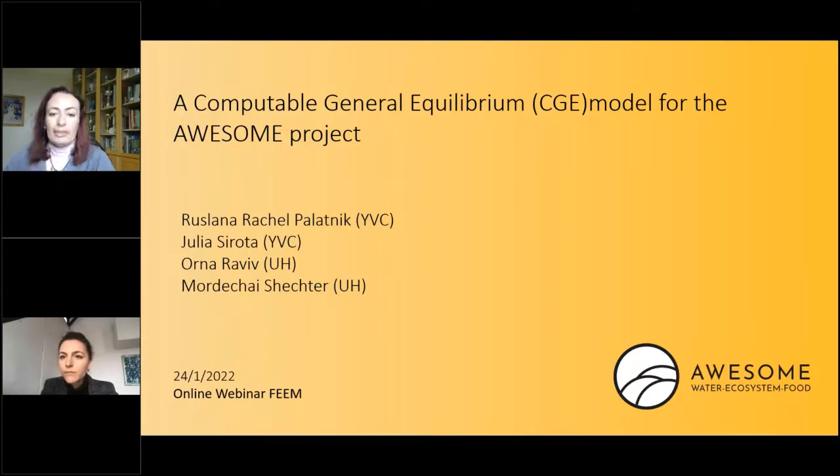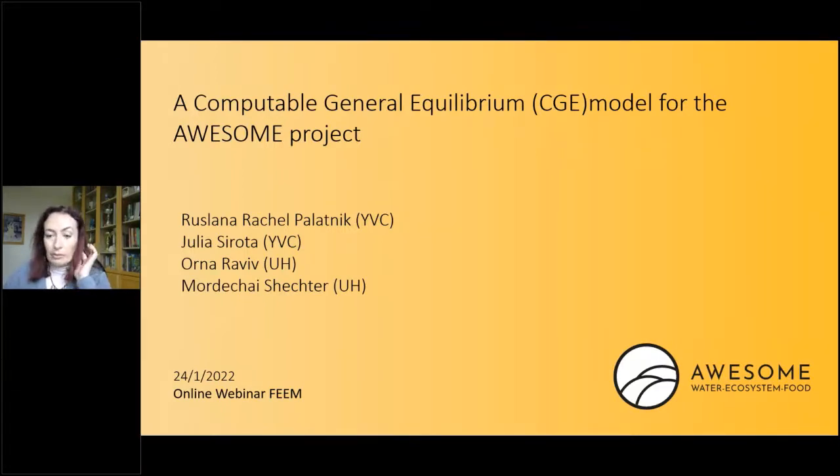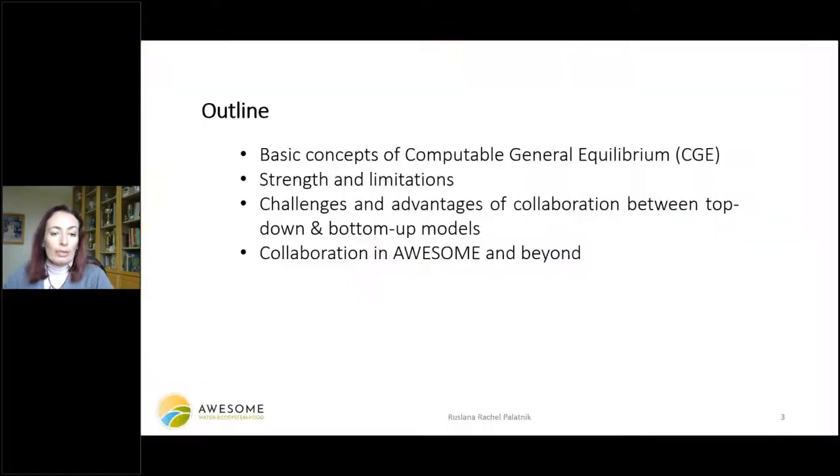So hello everyone, and thank you for the opportunity to present the models that we employ in the Israeli team for WOPEC3, together with Dr. Yuda Sirota from Israel Valley College and Orna Raviv and Mordechai Schechter from University of Haifa. So I was asked to give a bit of a detailed representation of the model.